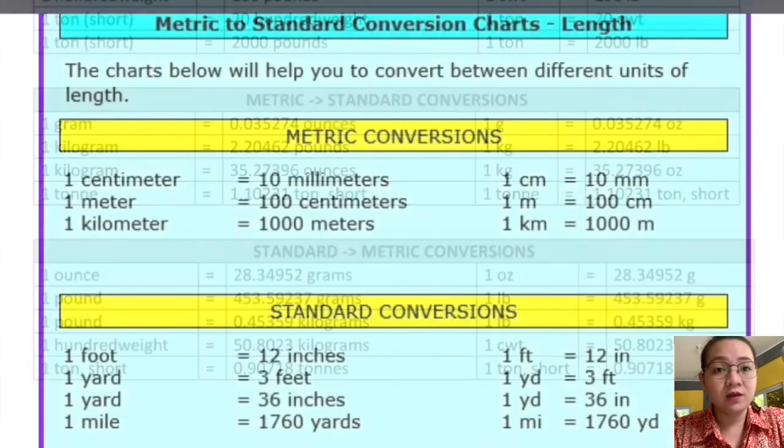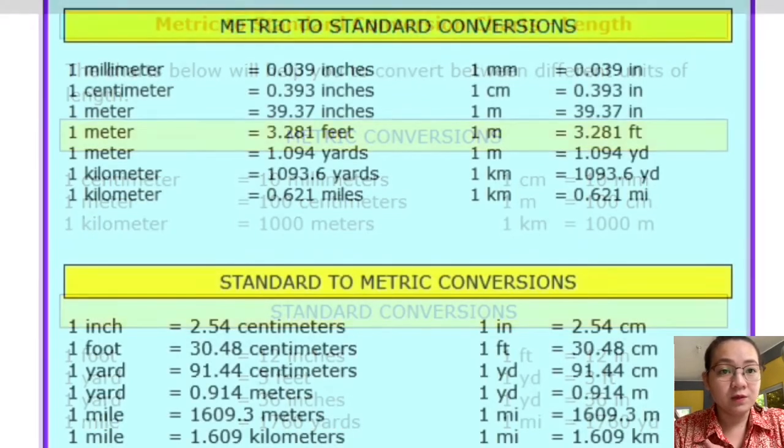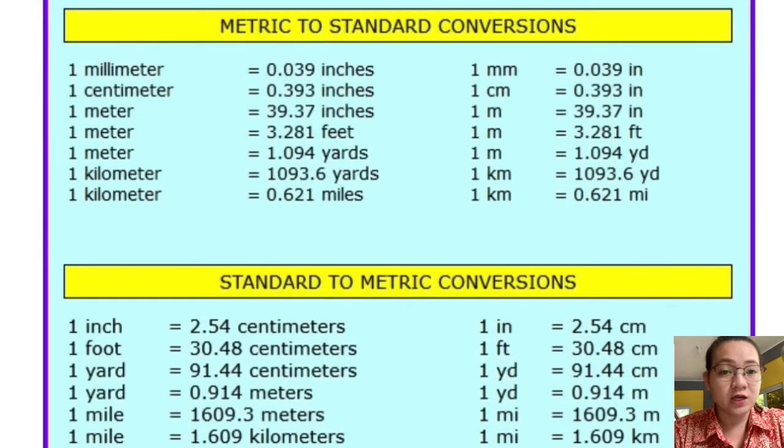You see the weight. On this particular one, what you see is the length. So if you're going to convert the length, for example centimeter to millimeters and so on, please make yourself familiar with this particular conversion.